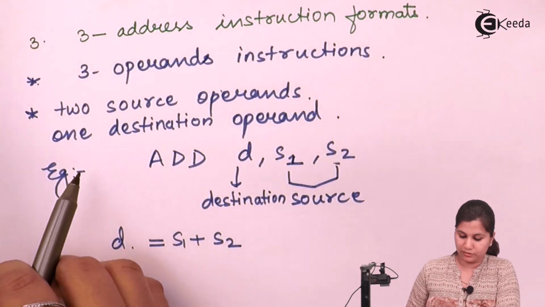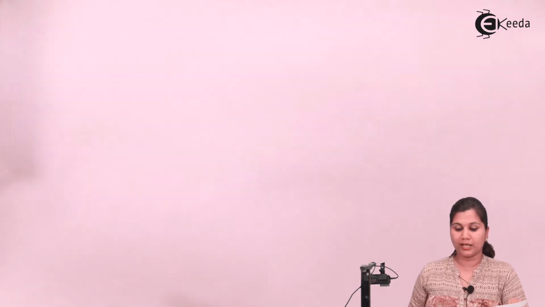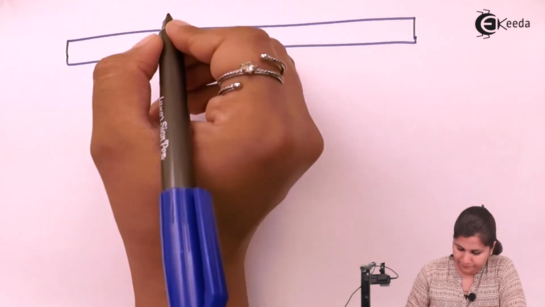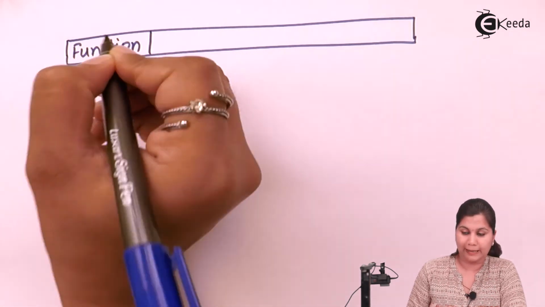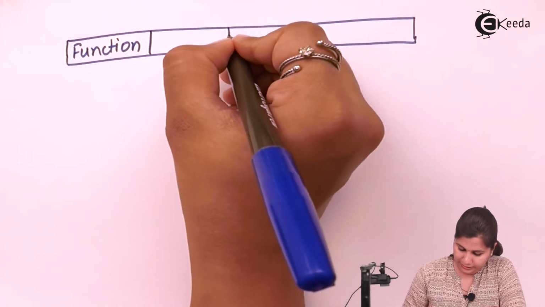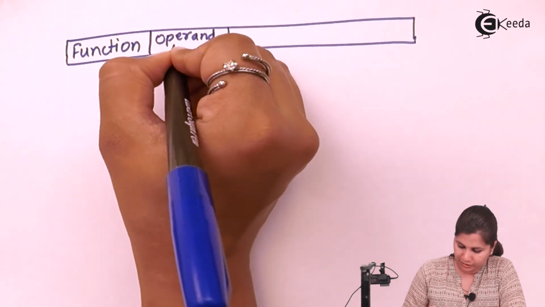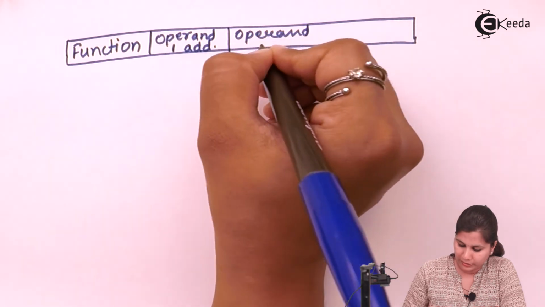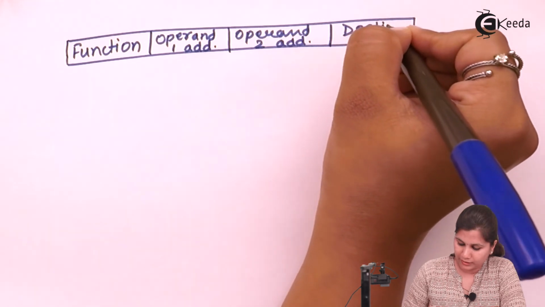So if we write the instruction format, meaning the pattern in which the instruction is written, it will be first the function to be performed, like in the above example addition is to be performed, then operand 1 address, then operand 2 address, and then the destination address.